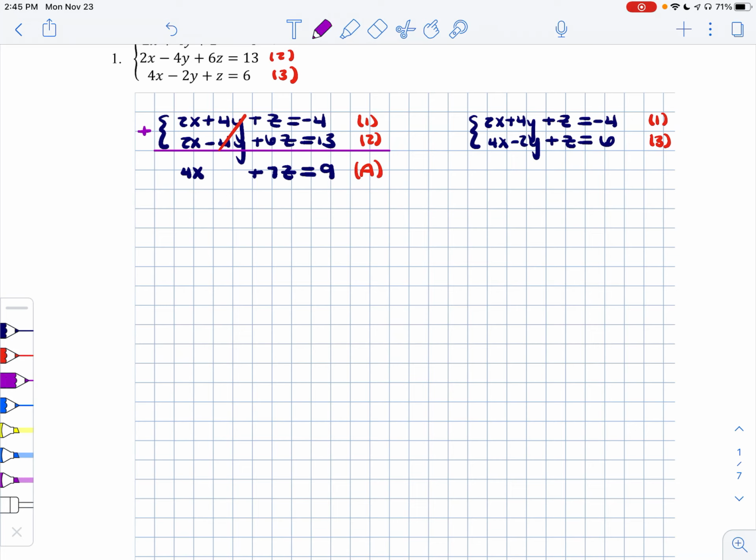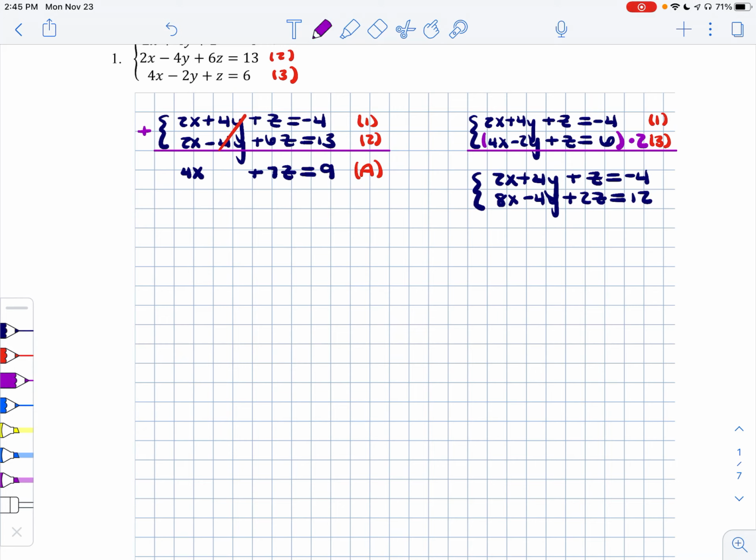Now over here on my second pair, I want to eliminate that same variable y. In order to do that, we're going to have to multiply this bottom equation through by a 2. If we rewrote this, the top equation stays the same, and our bottom equation would be 8x minus 4y plus 2z is equal to 12.